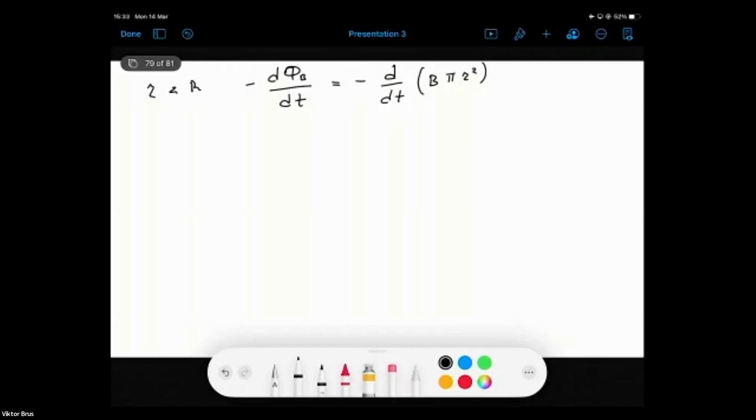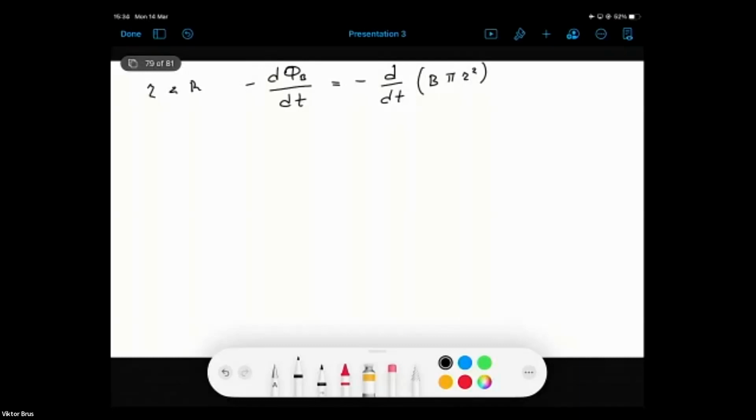Here the difference from the previous case is that we have a small radius, because we consider a loop with radius smaller than the radius of the solenoid itself. Previously we considered the whole cross section of the solenoid and used capital R because our loop was larger than the cross section of the solenoid.